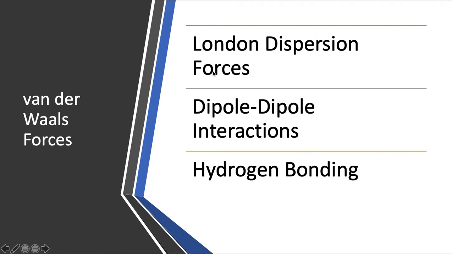So if a molecule has some London dispersion forces and dipole-dipole interactions, but the other type of molecule only has London dispersion forces, then the one that has two types of forces will have the strongest van der Waals or intermolecular forces, because they're additive. Let's then talk about each one of these in turn.